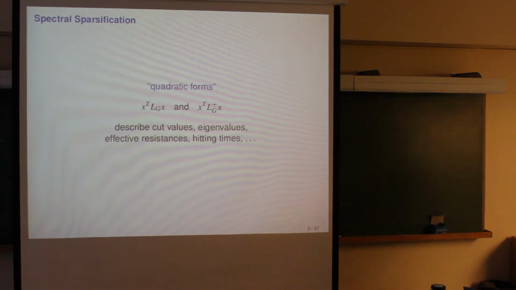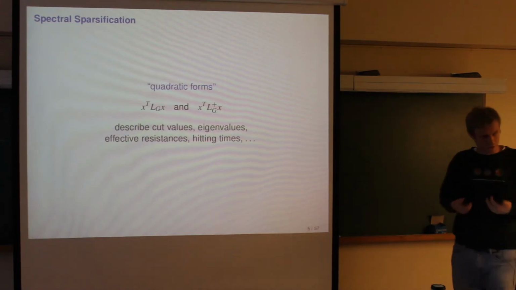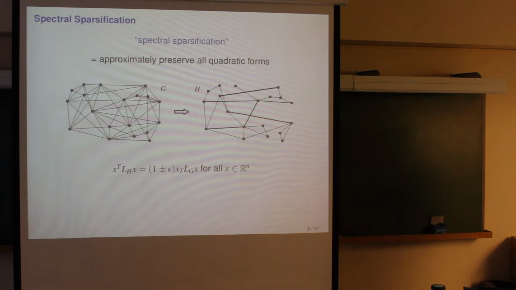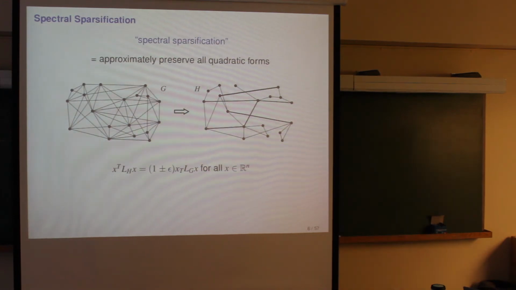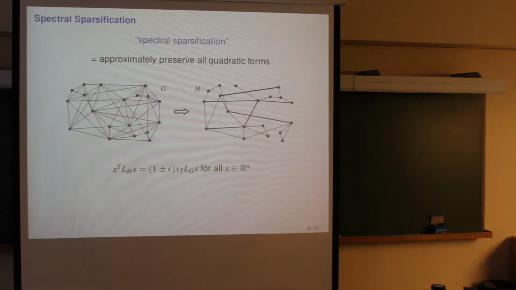And so it turns out that these quadratic forms really capture a lot of information about the graph, and this motivates the definition of spectral sparsification, which is a certain form of graph sparsification, where we, again, want to sparsify the graph, so we want to go from this dense graph to the sparser graph, and now the goal is to approximately preserve all quadratic forms.